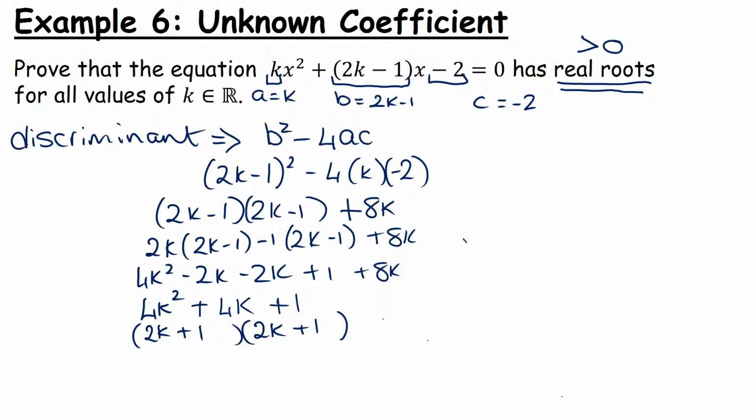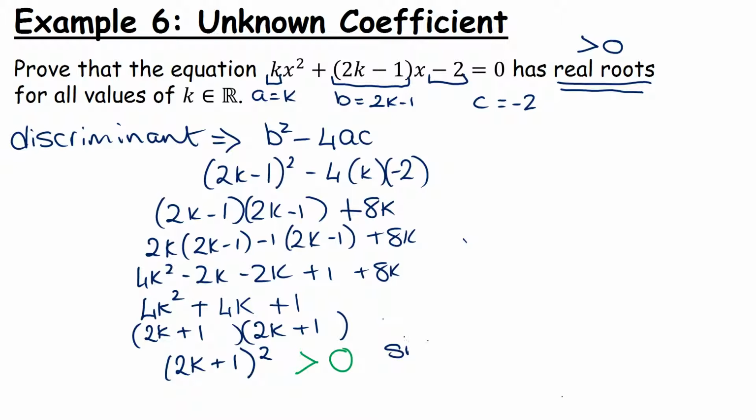So actually, that is the product of two factors that are the same. So really what we have is 2k plus 1 squared. Now, any number squared has to be positive. So no matter what k is, when it's doubled and we add 1 and then we square it, it will have to be greater than or equal to 0.